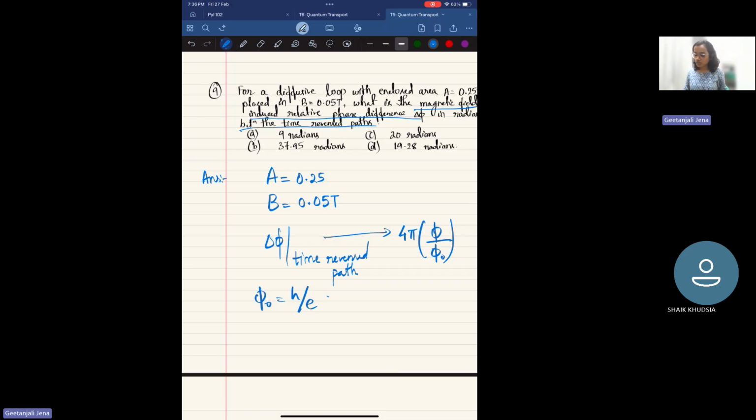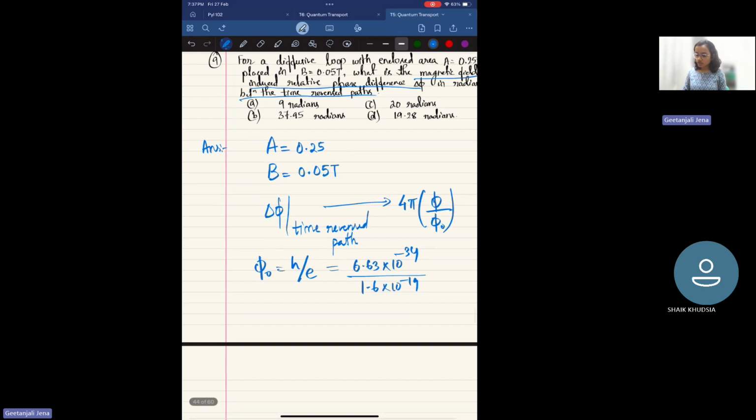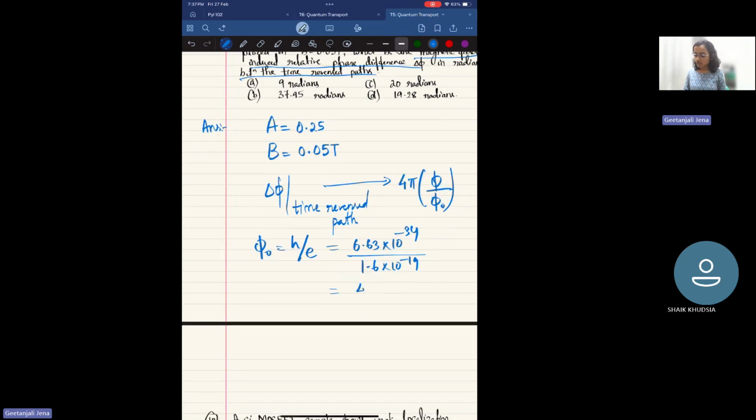So the values are known to us. h is 6.63 times 10 to the minus 34, e is 1.6 times 10 to the minus 19. So you will get 4.14 times 10 to the minus 15 Tesla meter square. This is for phi 0. Phi is nothing but B dot A, right?